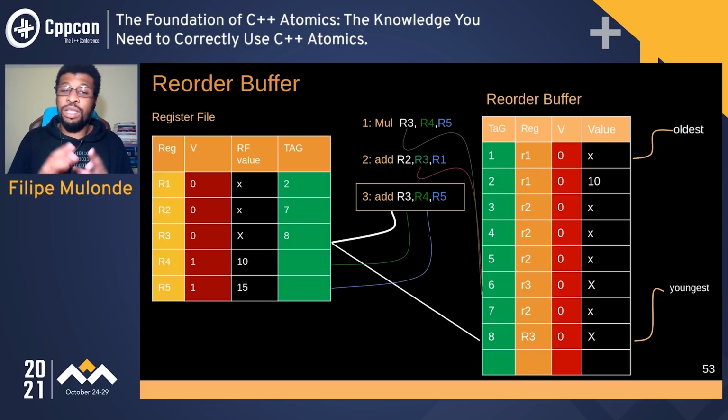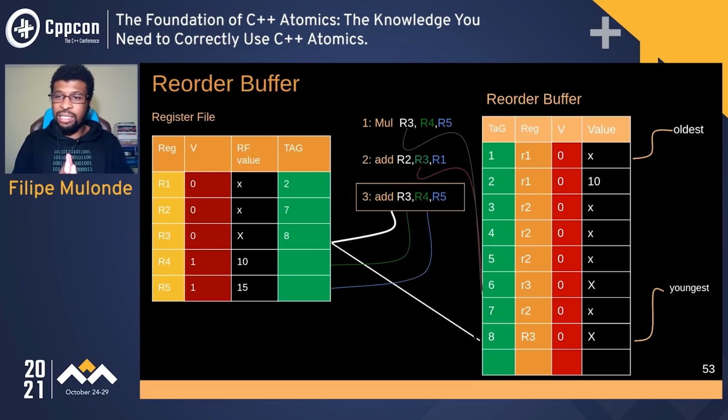With the presence of the buffer, we eliminate anti and output dependencies because we renamed register number 3 at instruction number 3 to entry number 8, and instruction number 1 was renamed to entry number 6, and we linked instruction number 2 to read entry number 6 instead of entry number 8.